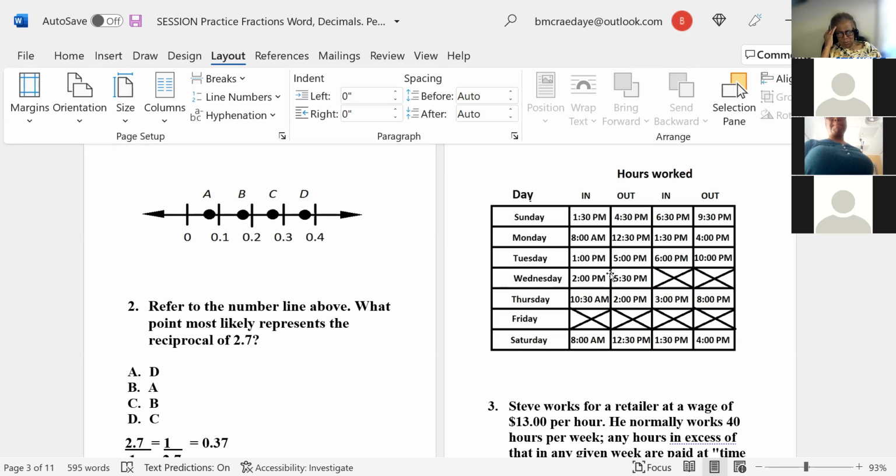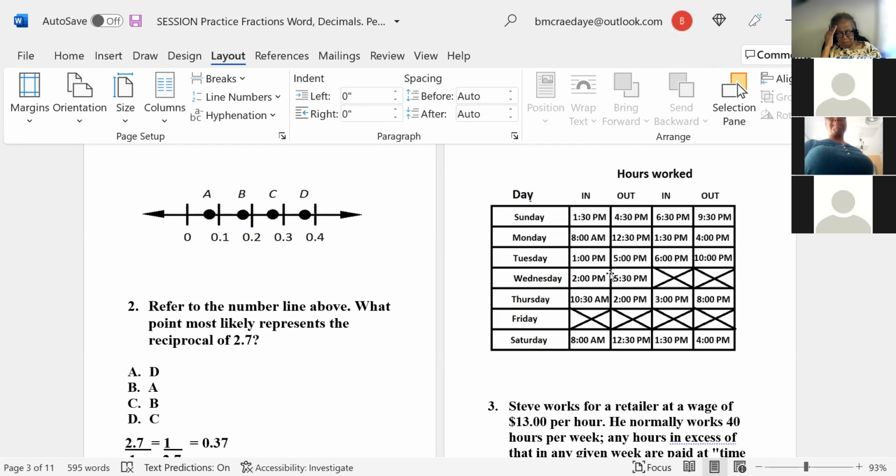No. That's 6.5 hours? No. Saturday, 8, 9, 10, 11, 12. Or Saturday is 8 and 4 is 12. And 4. That is 4.5, right? Saturday is the same as Monday. What was Monday?